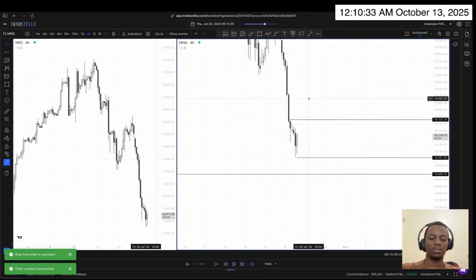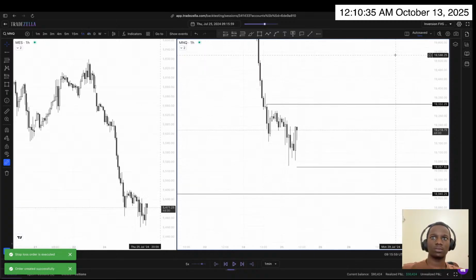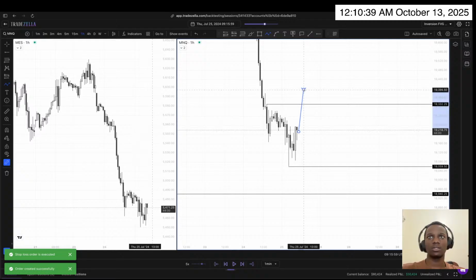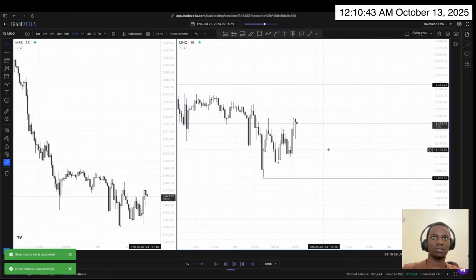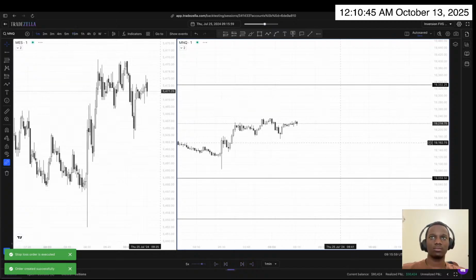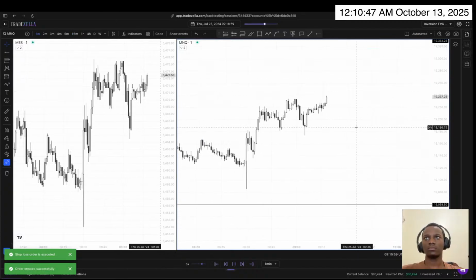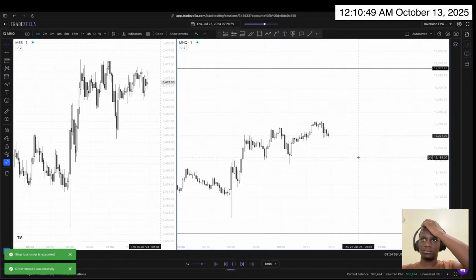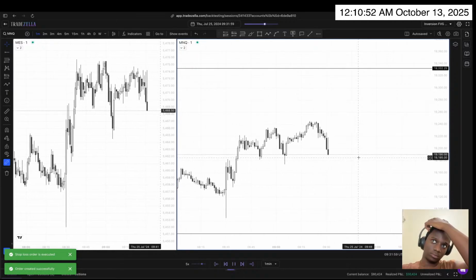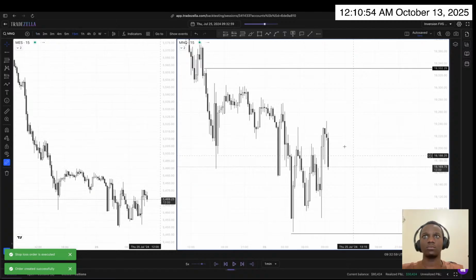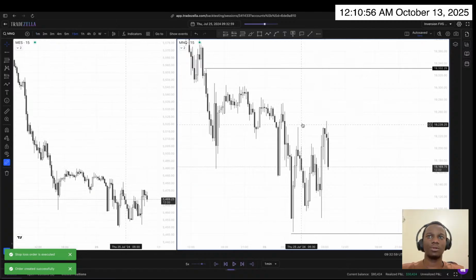Fair value gap there. I'd like to see this thing get run. Something like this. Sweep here.